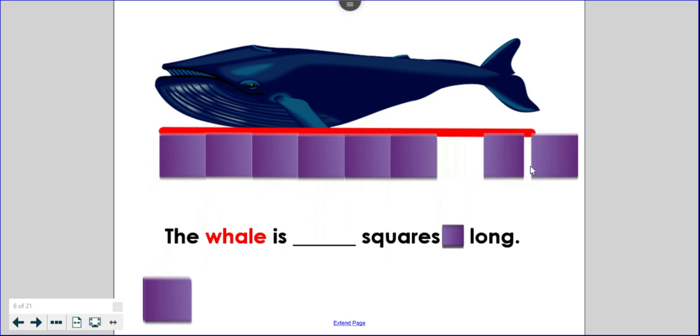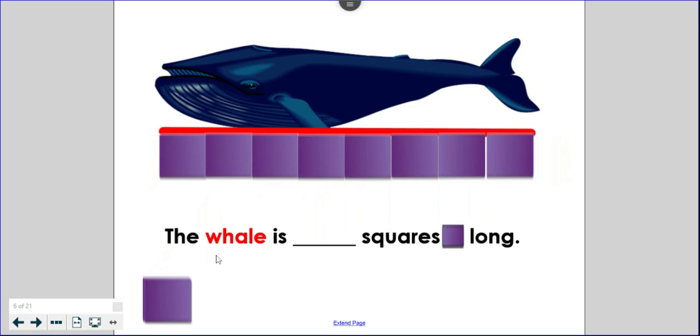Oh goodness. What's happening here? I think I overlapped my squares just a little bit. All right. I want to make sure that we're all the way to the end. I'm trying not to leave any space in between. All right, that's pretty close.